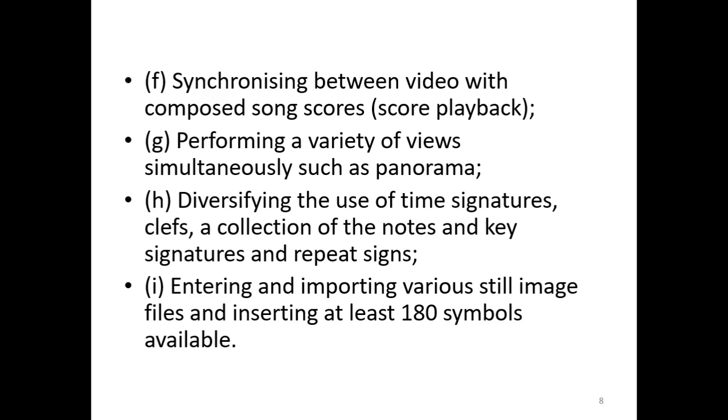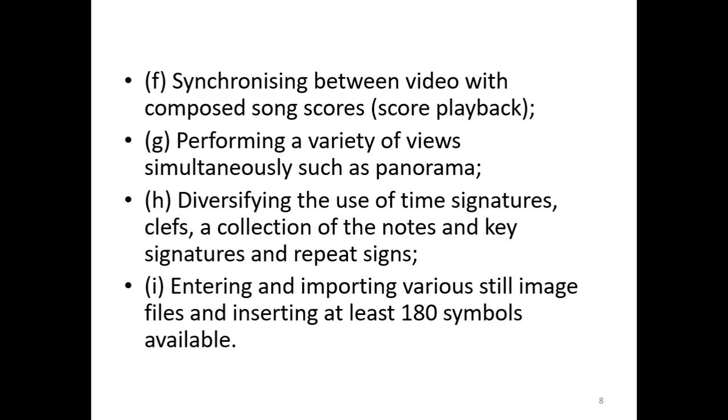Entering and importing various still image files and inserting at least 160 symbols that are available. Right, so we can download still images, that means without the music, the theory part of it, and then insert all these symbols into it.